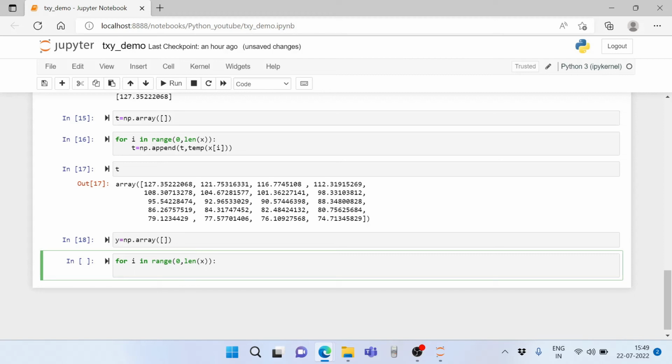Now this is going to be Y is equal to np.append of Y, is equal to, now how is Y calculated?